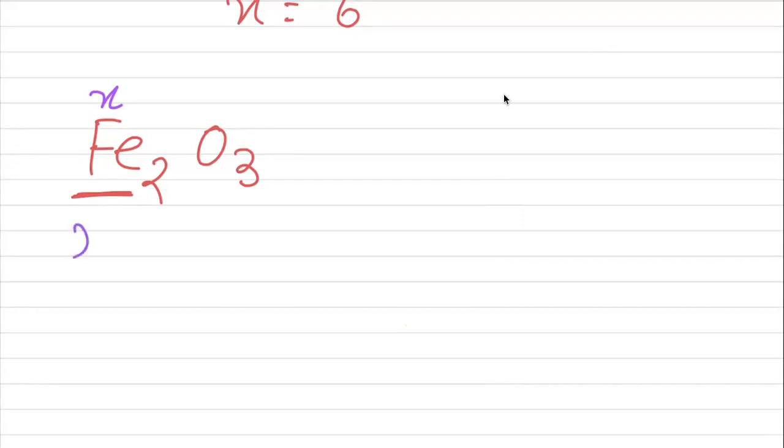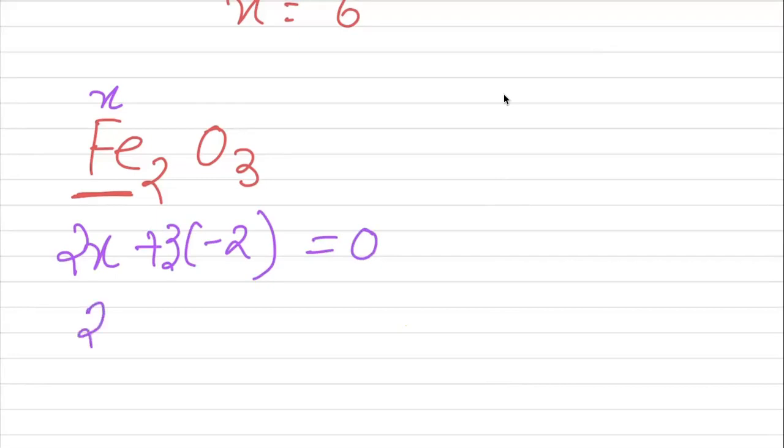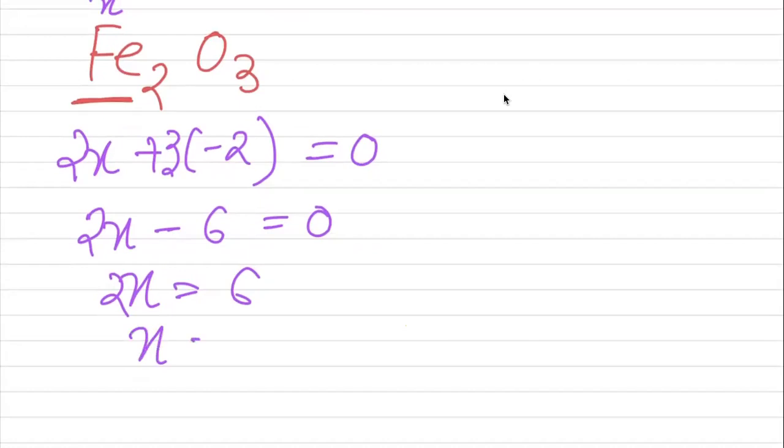So 2x plus -2 into the number of oxygen atoms, which is 3. Obviously the total charge will be 0 because it's a neutral molecule. So 2x minus 6 equals 0, 2x equals 6, x equals +3. So here the oxidation number of iron will be +3. Understood?